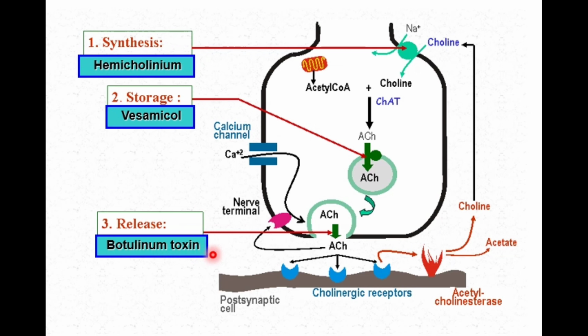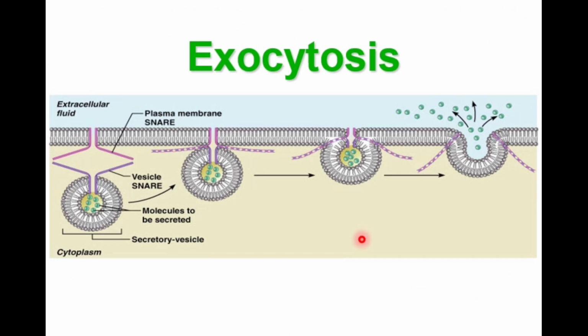Botulinum toxin is produced by the bacterium Clostridium botulinum in tinned food. Botulinum toxin prevents release of acetylcholine from all cholinergic axons. Death in botulinum poisoning results from respiratory paralysis. It can be treated only with antitoxin. Botulinum toxin contains several components.